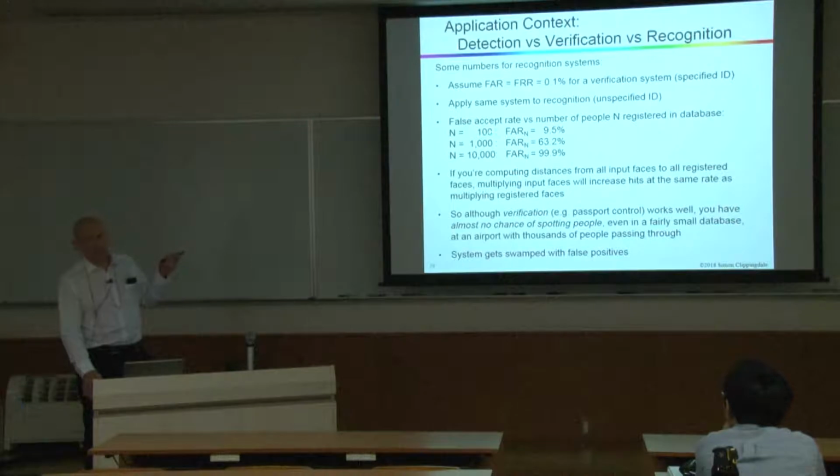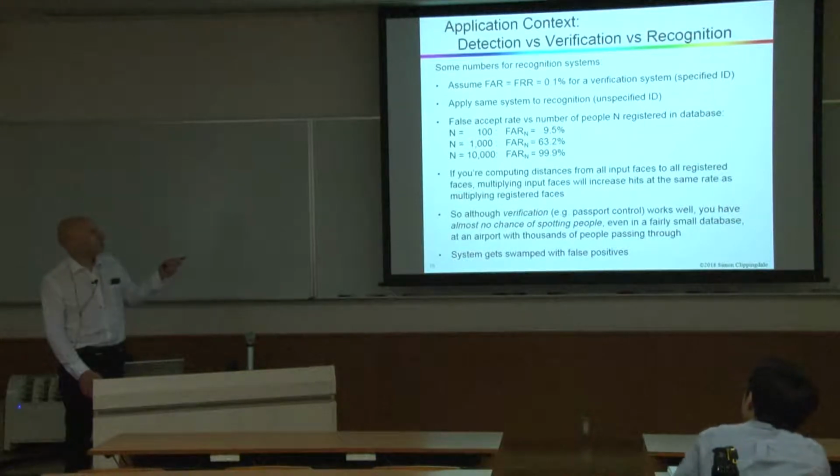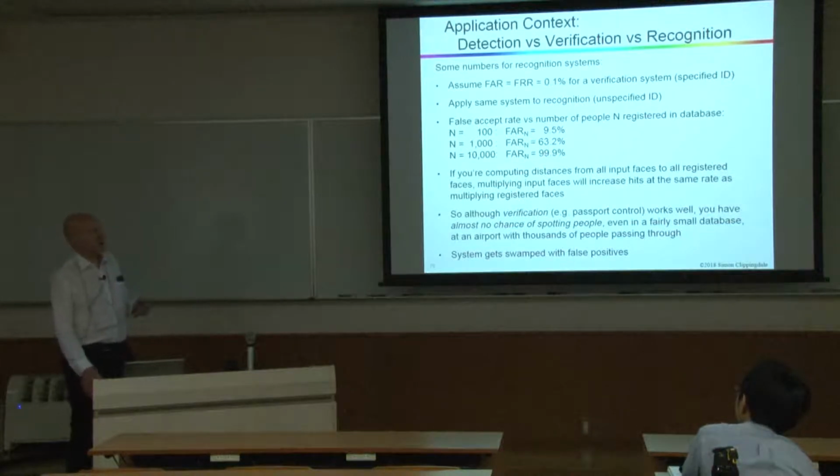So if you've got 100 people registered in the database, the false accept rate climbs to just under 10%, which may or may not be good enough depending on your application. Put 1,000 people in the database, 63-point-something% false accept. You've got 10,000 people in the database, false accept rate is 99.9%, and basically you have no chance in this situation.